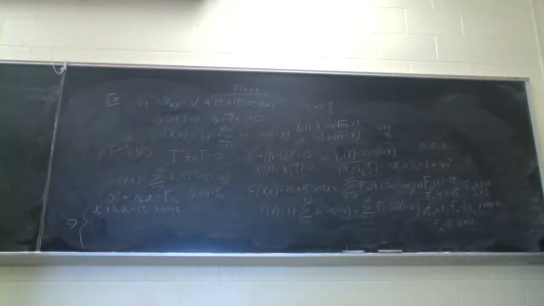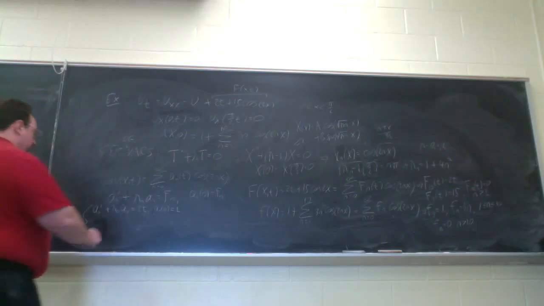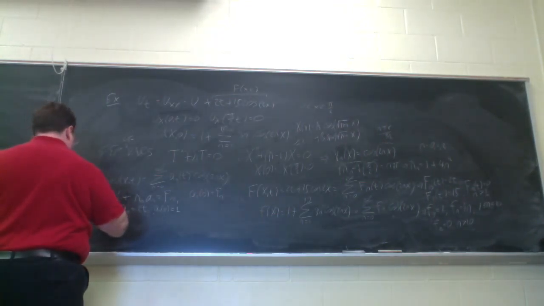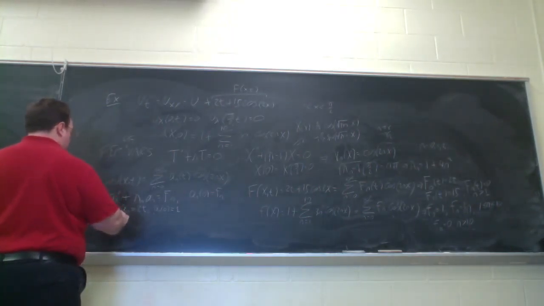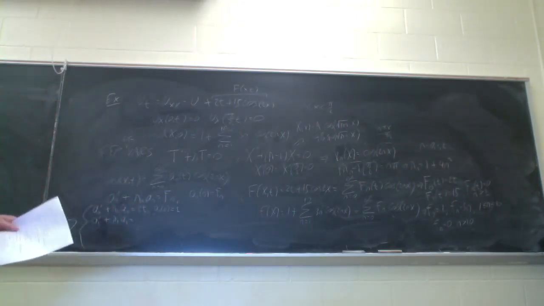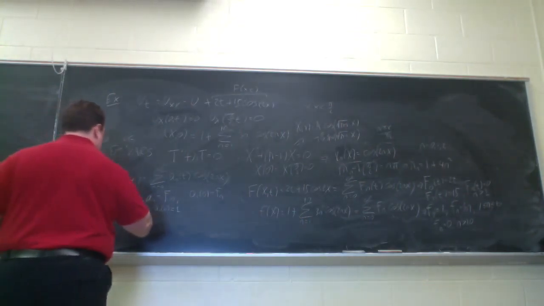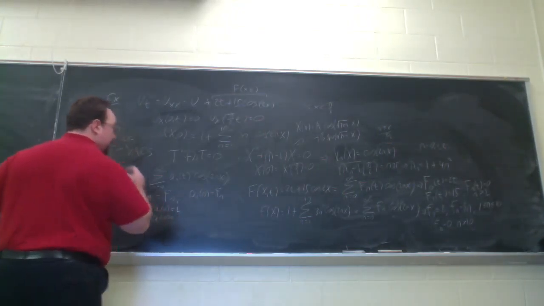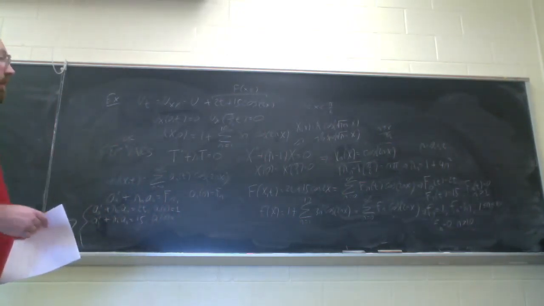That's little f0. So that one has non-homogeneous source term and initial data. A1 prime plus lambda 1 A1 is equal to big F1, which is 15. And A1 of 0 is equal to little f1, which is 3.